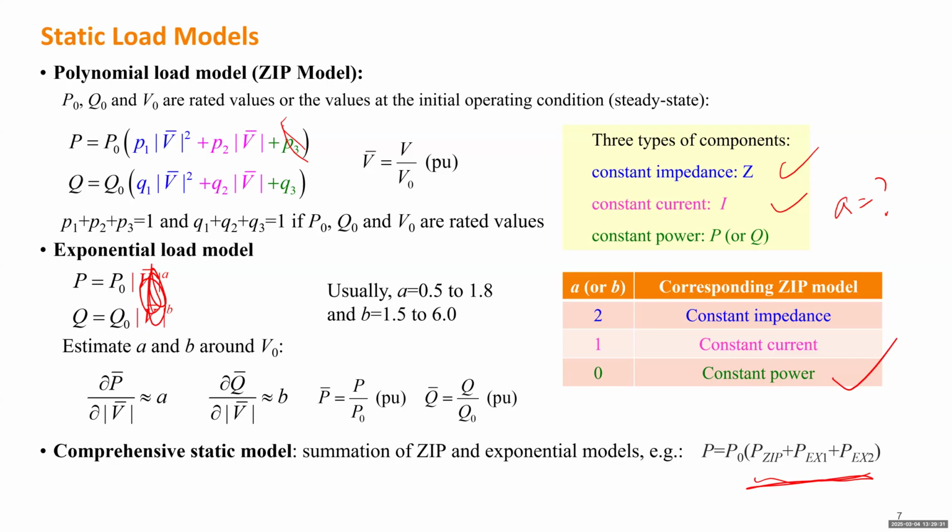By introducing this exponential function, we allow the load to change around that base value if voltage changes. So the polynomial function and exponential function just tell you how the power may vary near that nominal voltage a little bit.